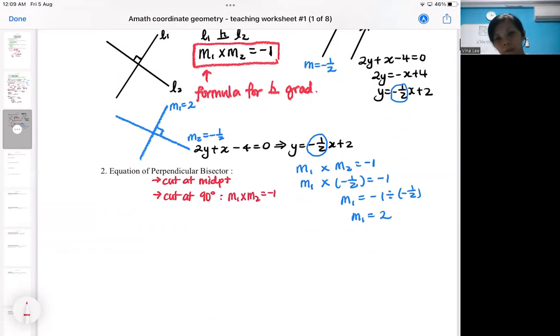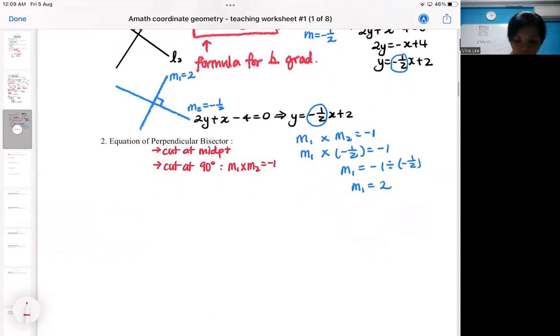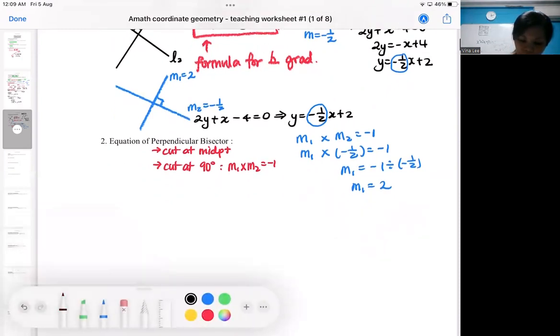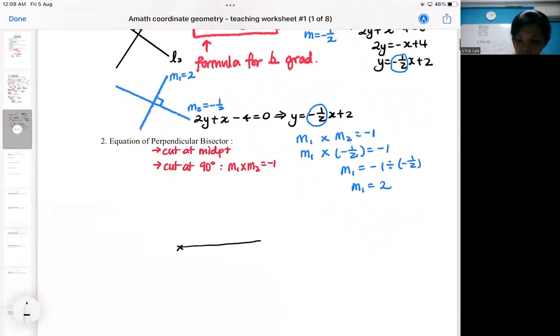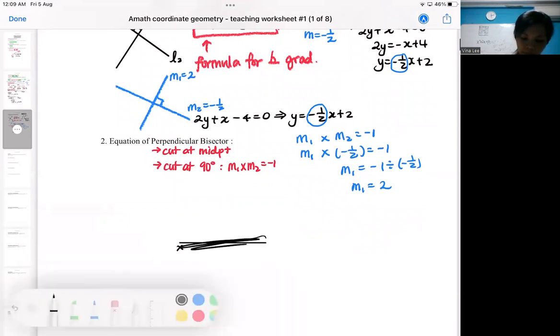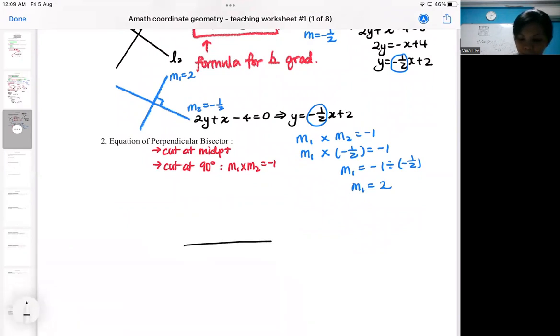So how does a perpendicular bisector look like? In Sec 1 or Sec 2, Sec 1 most probably, you constructed the perpendicular bisector. If you still remember in Sec 1, you used your compass and protractor.